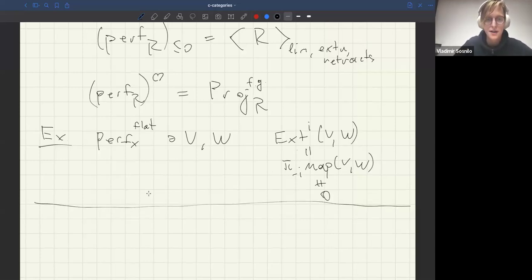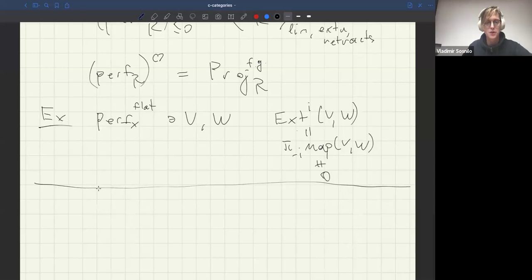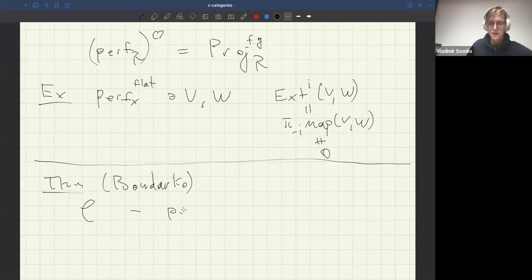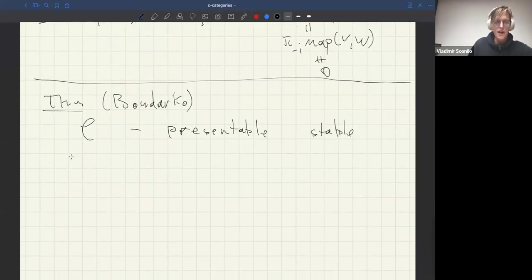But nevertheless, we always have the so-called compactly generated weight structure thanks to the theorem of Mikhail. So let's say that we have C, a presentable stable infinity category, and we have any set S of compact objects.